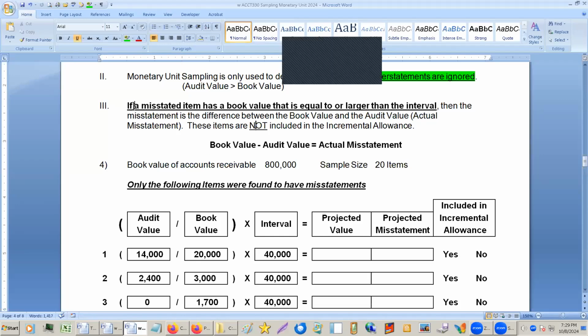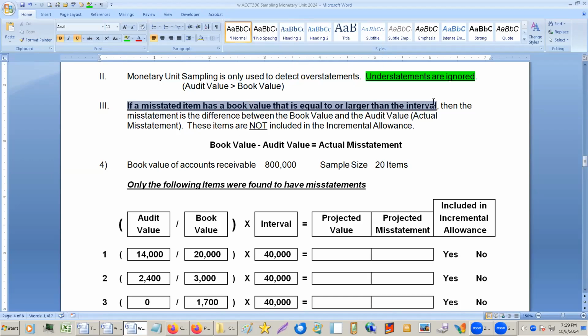And if the misstated item has a book value that is equal to or larger than the interval, then you use the actual misstatement. And there's a reason why we do that. If you find an item that is bigger than the interval, for instance, if you find fraud or something like that, it's 100% sure it's going to get caught.